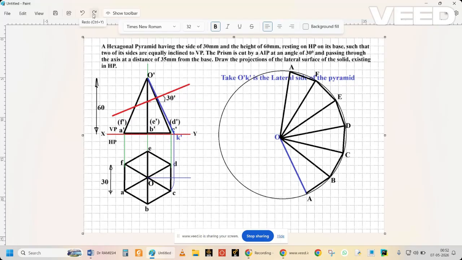Now wherever it cuts in the front view, I am marking those points and connecting them to this O dash K dash. After connecting all these cutting points to O dash K dash, we have to measure the distance of each cutting point from K dash, and we should mark it in the development of the lateral surfaces.